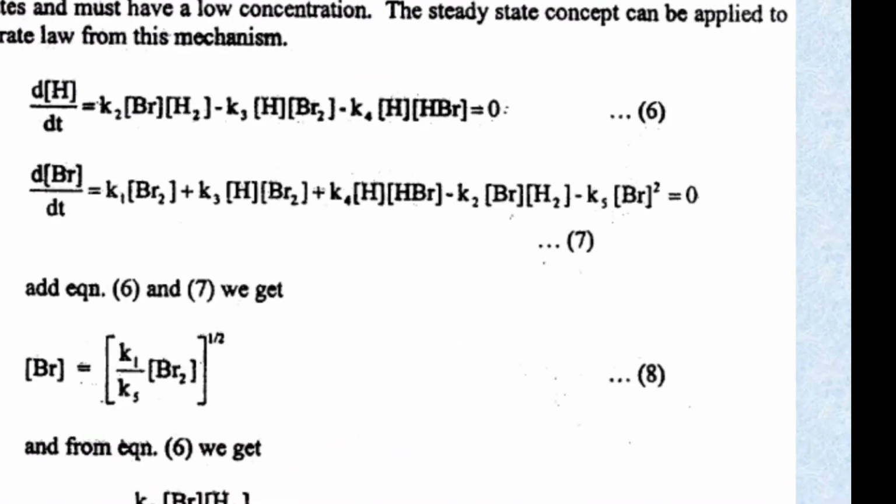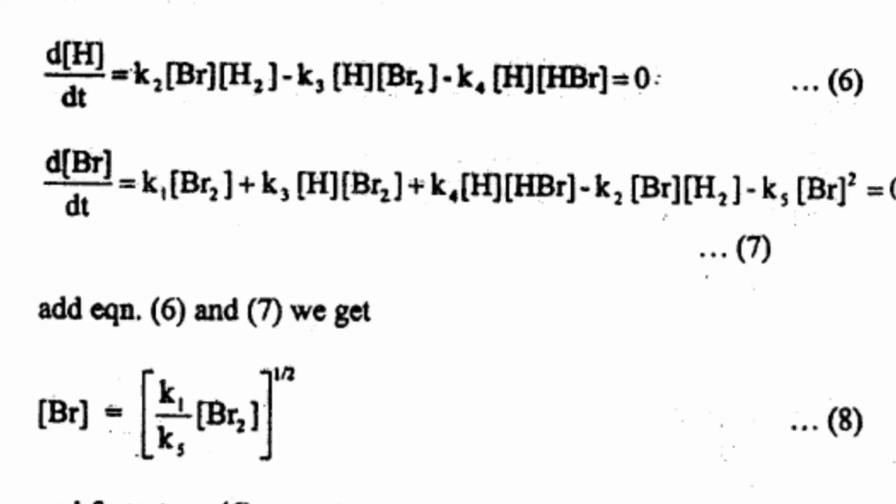So the rate of formation of the Br radical, d[Br]/dt, is equal to: first step positive, third step positive, fourth step positive, second and fifth steps negative.